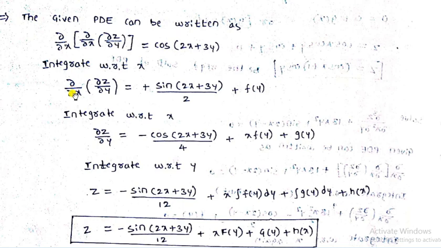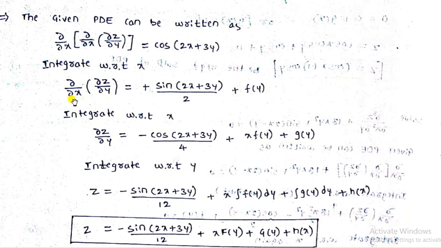So the remaining term is del by del x of del z by del y. Integration of cos with respect to x is sin of (2x plus 3y), and the coefficient of x is 2. So while integrating x, add an arbitrary constant as f of y.